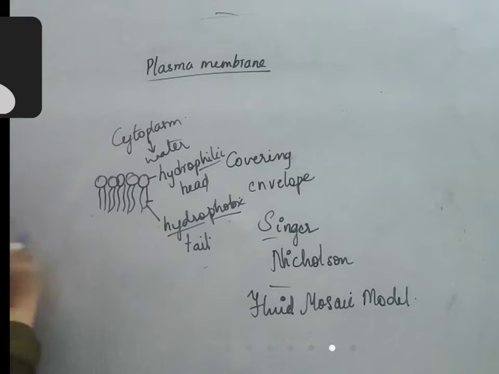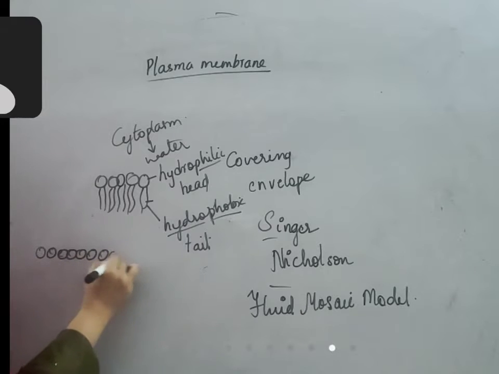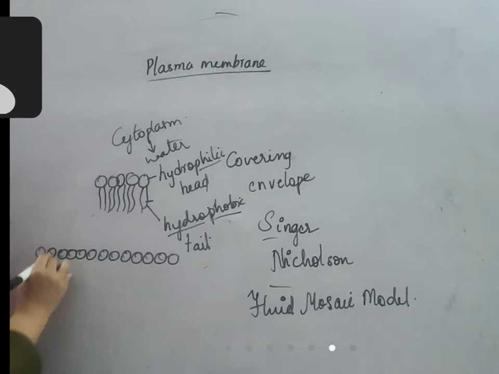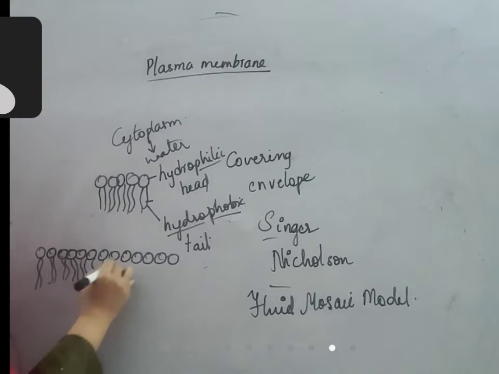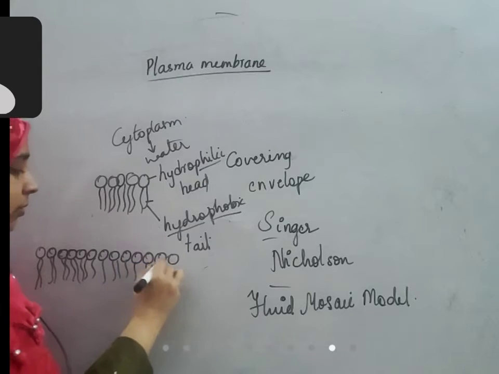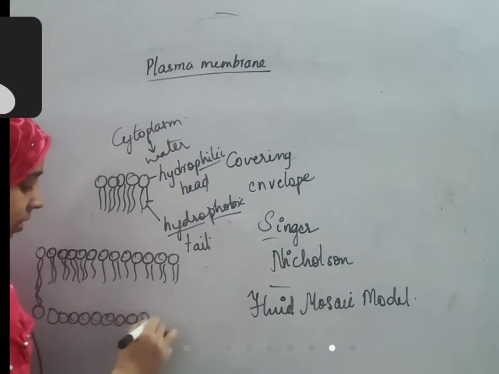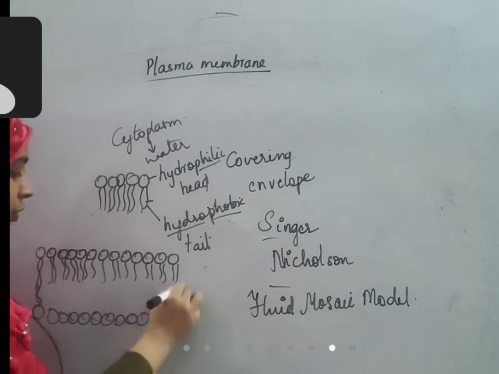Like this, you can see that there are two layers, not a single layer. This will be the first layer of lipid molecules. This is the tail. And this is the second layer of lipid molecules. These are hydrophilic heads and next hydrophobic tails.